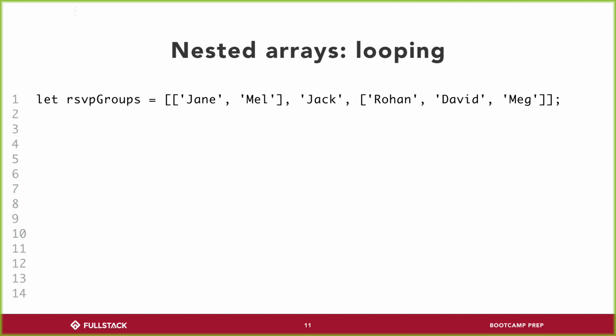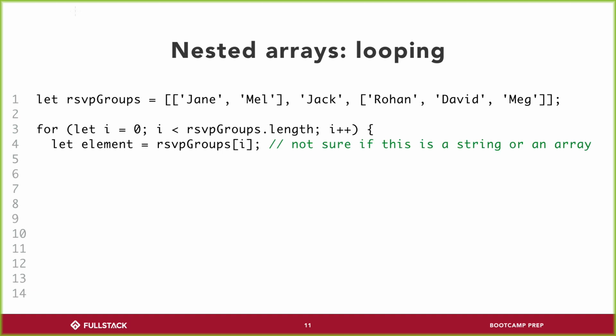It's a challenging question, but essentially you would have to loop through the array and then check if that element is an array, and then if it is, then loop through that array.